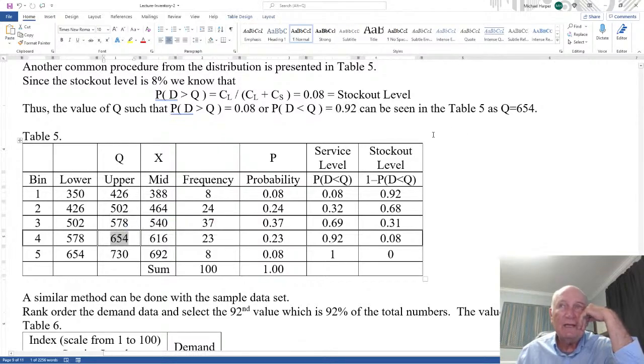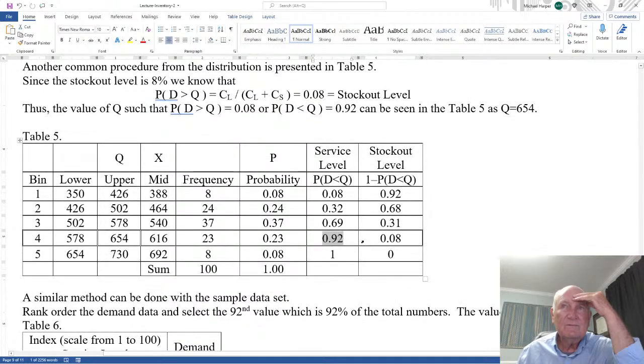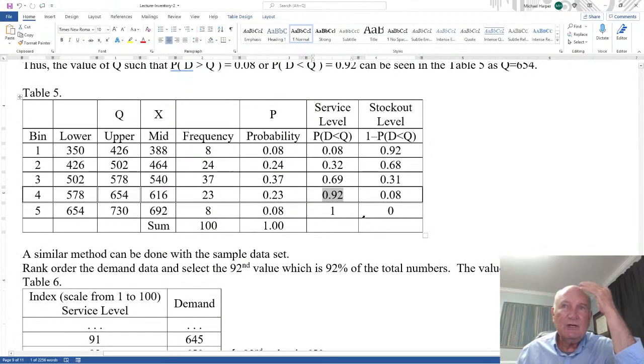So from the group data, I can say that 654 then, the value less than that is going to be my service level, right? So I can determine my Z value, the value from my probabilities, which is going to be 654.